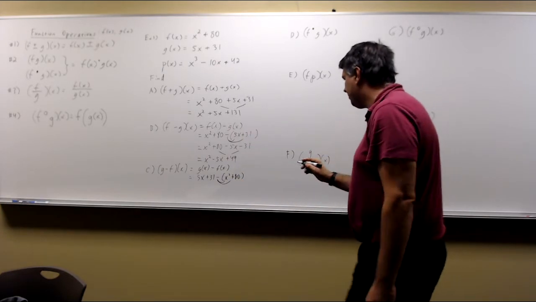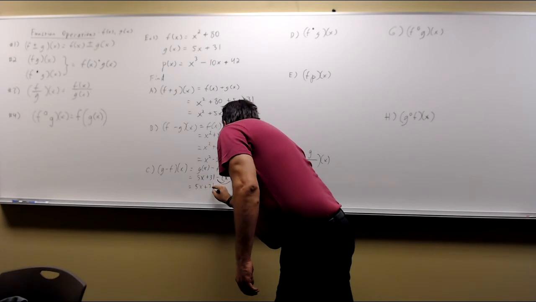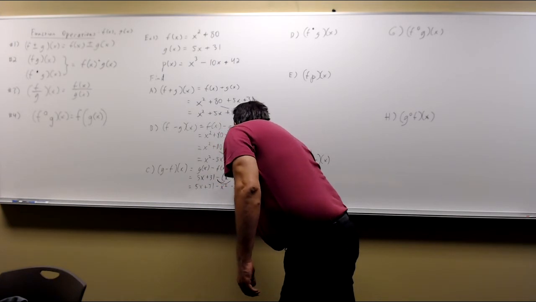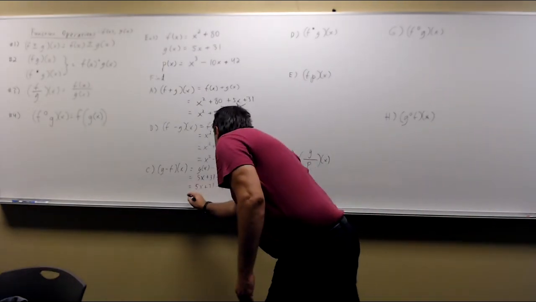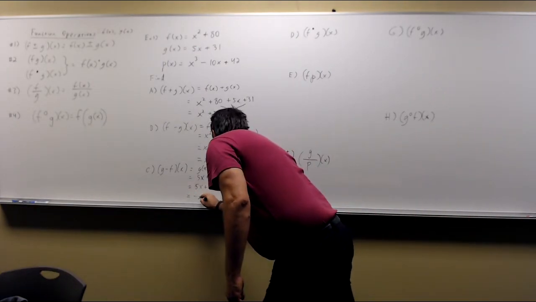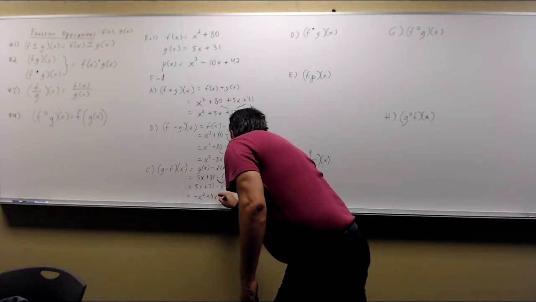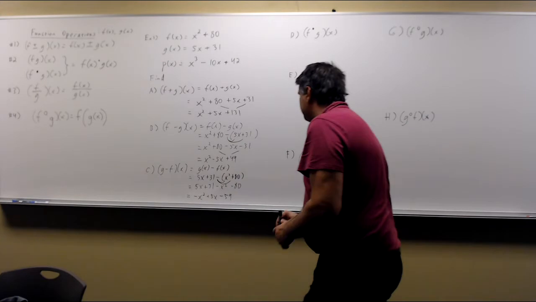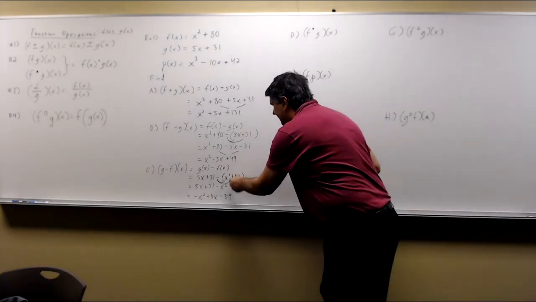You end up with 5x plus 31 minus x squared minus 80. Okay, which would give me, in descending order, negative x squared plus 5x minus 59. Notice it ends up being the opposites.